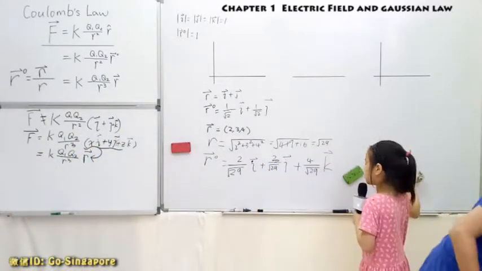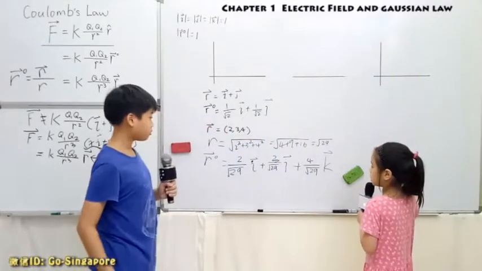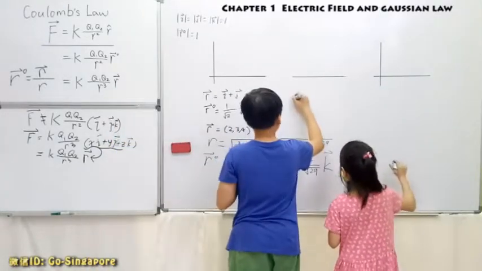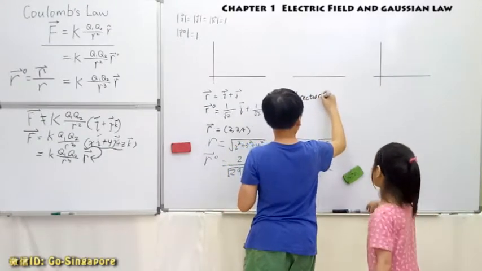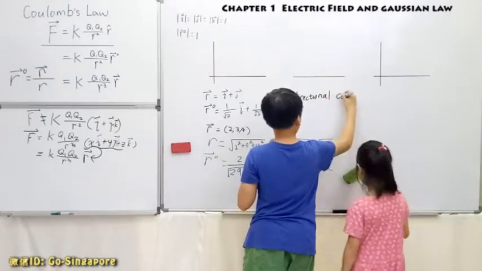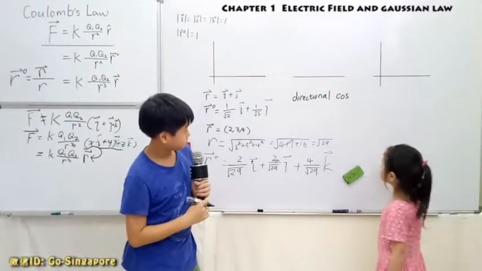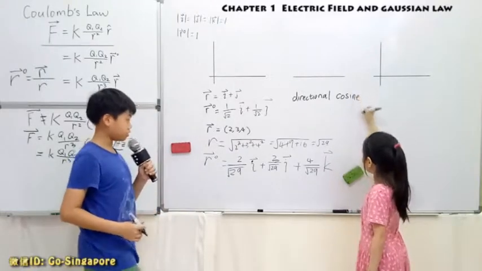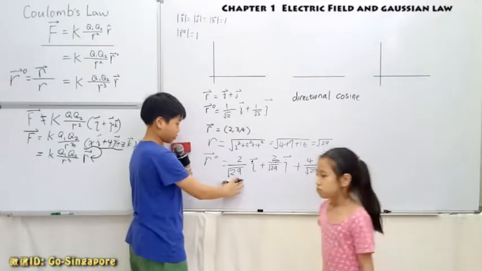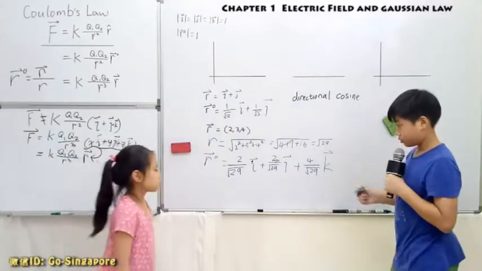So, for example, like cosine alpha, cosine beta, and cosine gamma. Do you know what is the last 3 letters? Yes. So right now you can write this in the cosine.